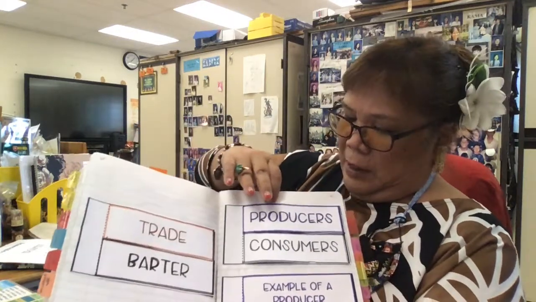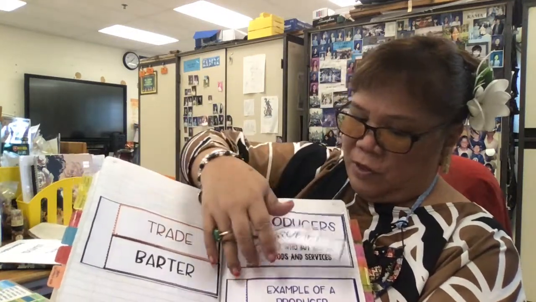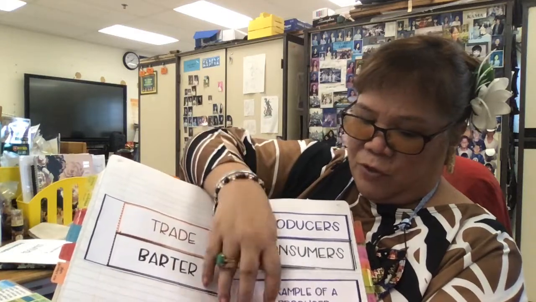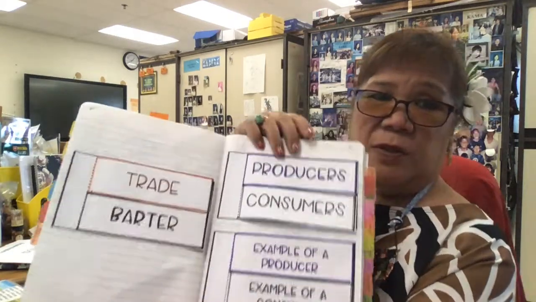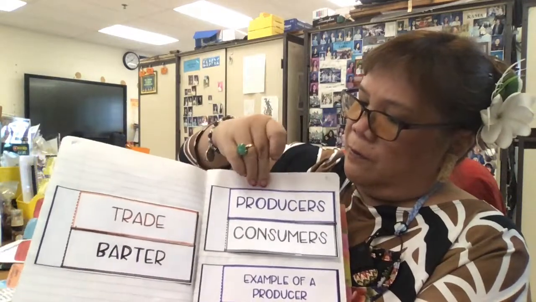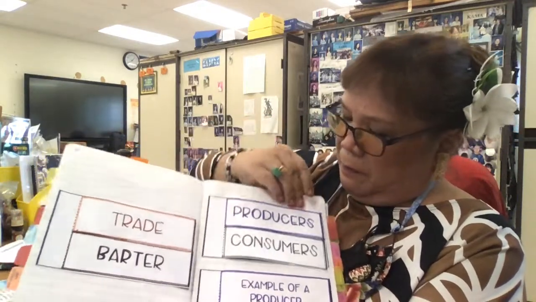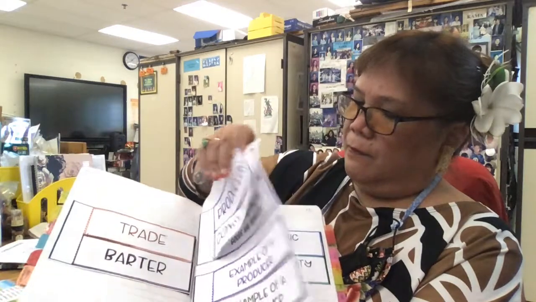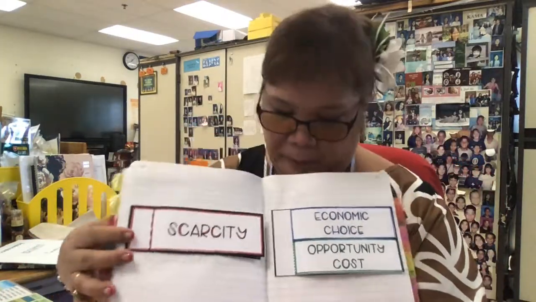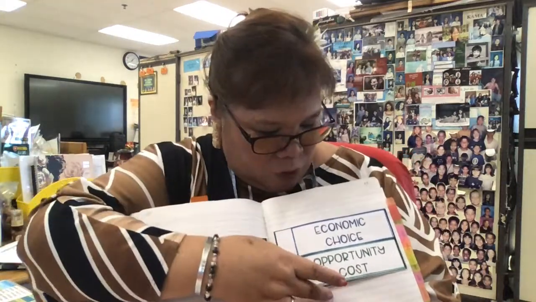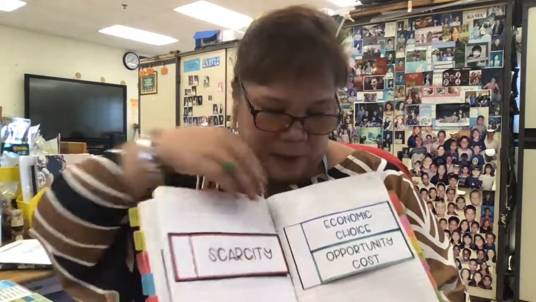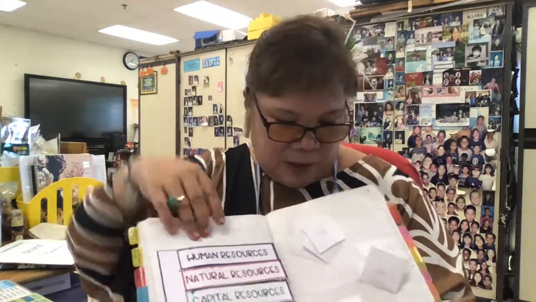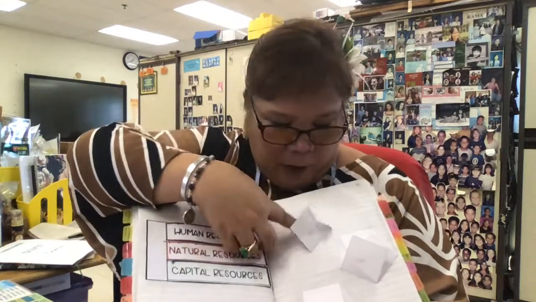For a natural resource, it's materials that come from nature. Now, for capital resource, that is goods made by people used to make goods and services. So these are your definitions for human resource, natural resource, and capital resource. So you're gluing this down with the definitions on the bottom.